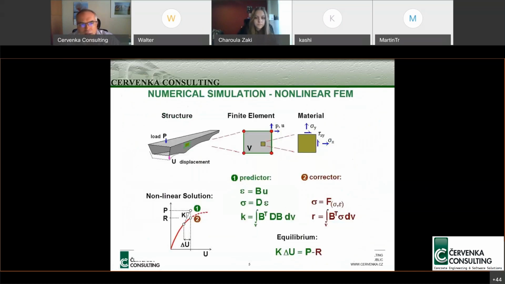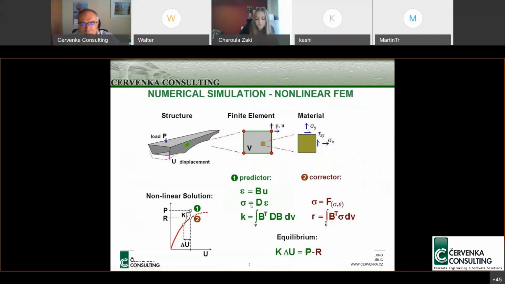We are using finite element analysis. This is just to describe the method slightly. That means our structure is divided into finite elements. Inside each finite element, we have integration points. And at each integration point, we are always calculating the strains from the geometric equations and then the stress from a constitutive equation.